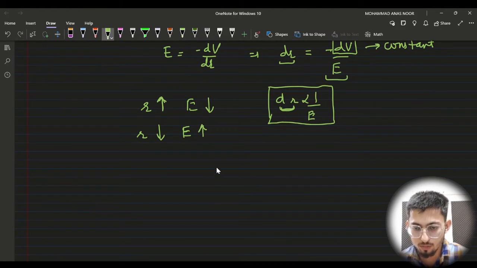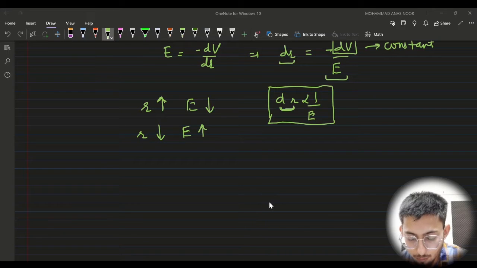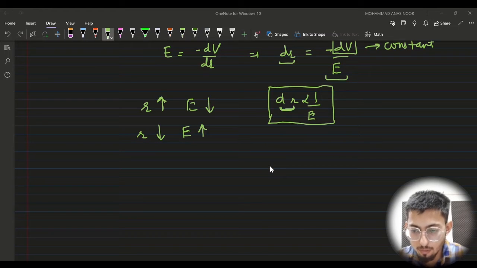So he has not drawn this. I'll show you later what that is. You can also see the diagram for 2.26. See, the dashed circles, those are equipotential surfaces.